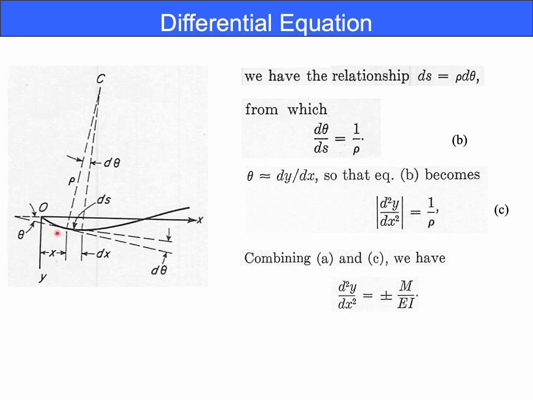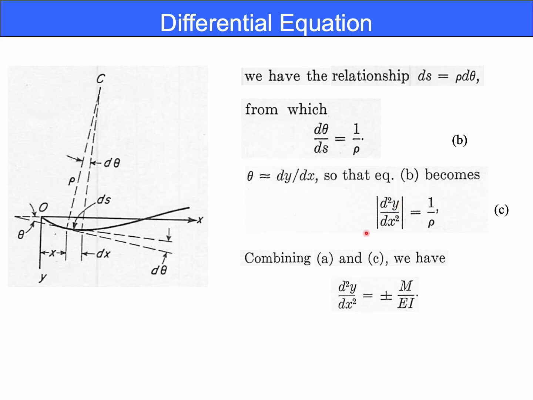ds equals rho, the radius of curvature, times d theta, the change in angle. So d theta over ds equals 1 over rho. Therefore, d theta over ds is related to y, because theta is approximately dy/dx.